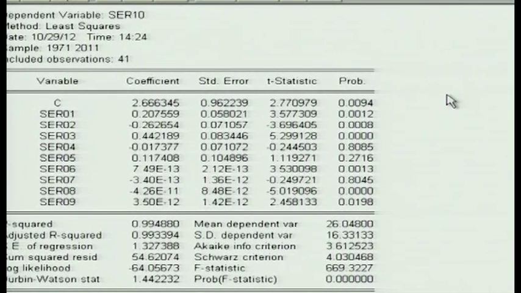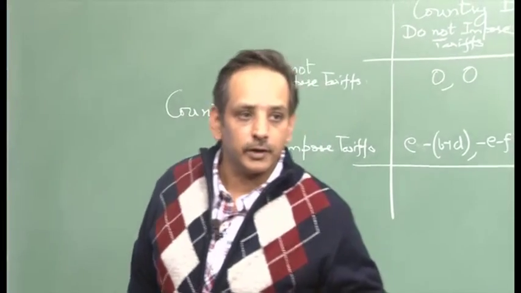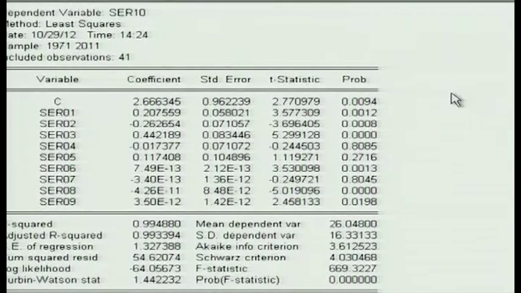And here are the results. Look at SER01, which is the pound rupee exchange rate. It comes with a positive sign, and it's significant. The rule of thumb is if the t values are greater than 2, then it has a significant impact. So if pound appreciates, the US dollar in terms of Indian rupee also appreciates.